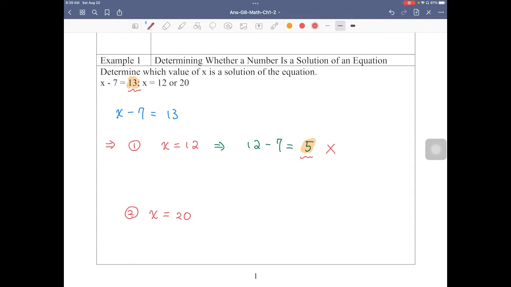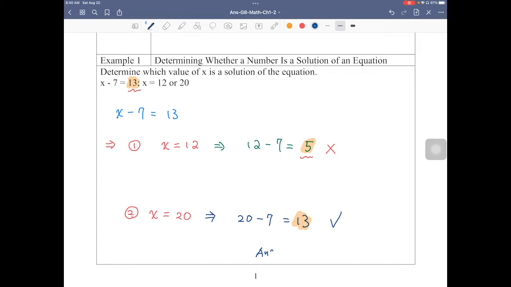If the value of x is a solution, it will lead us to a true statement. So when x is 20, 20 minus 7 equals 13. Here we see 13 equals 13, so we know this is the solution.